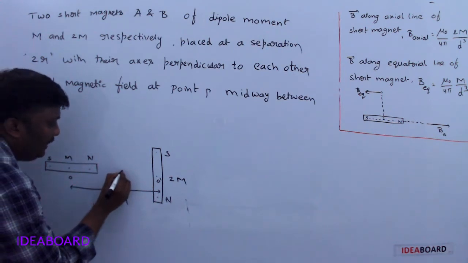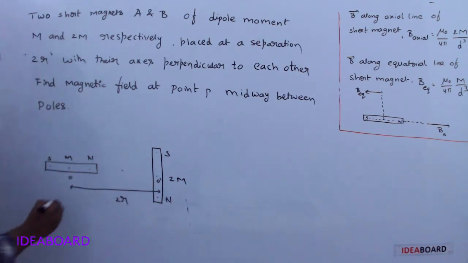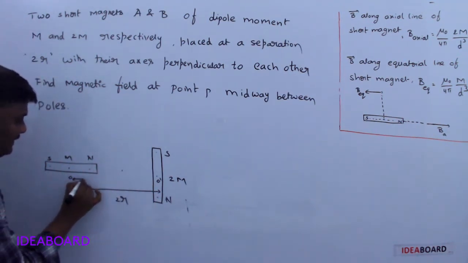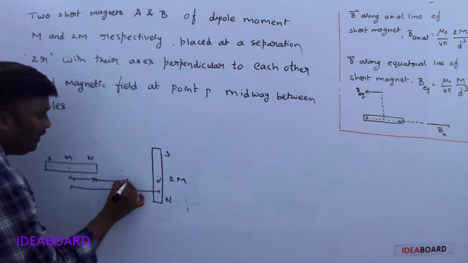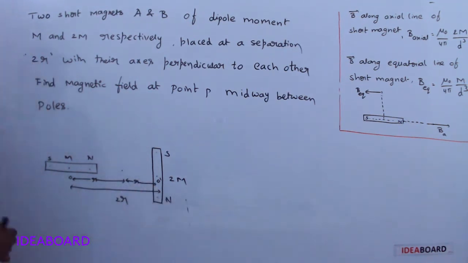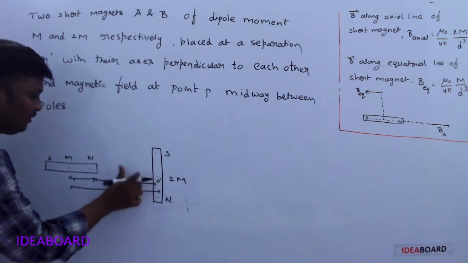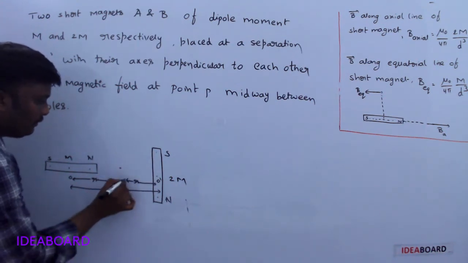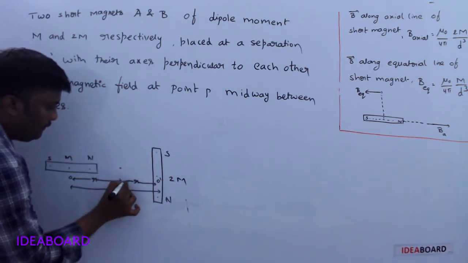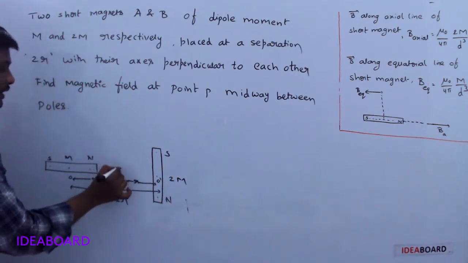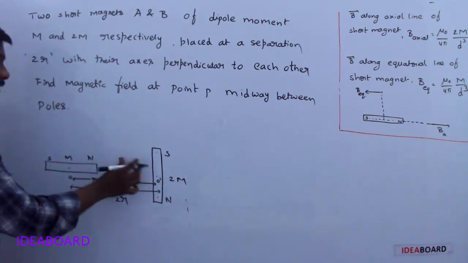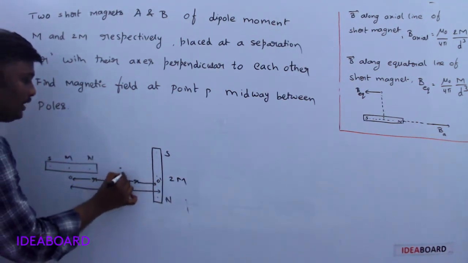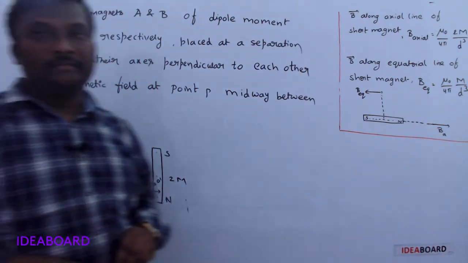Midway means exactly at the center, so this distance is r and here also the distance is r. So here is point P, and he is asking what happens to the magnetic field.